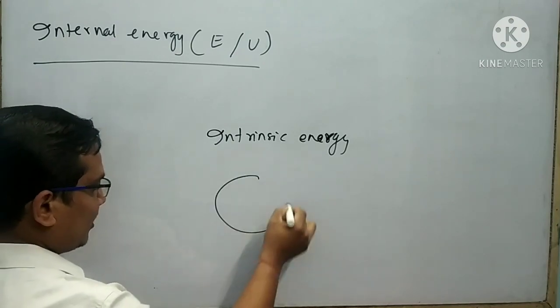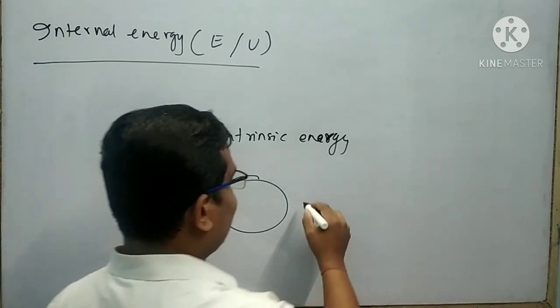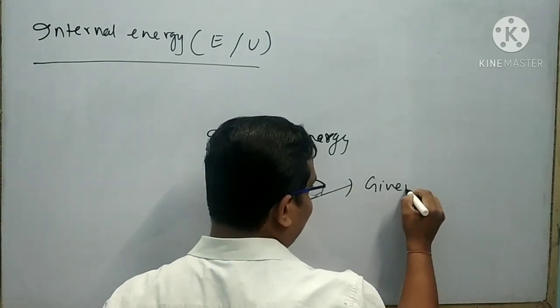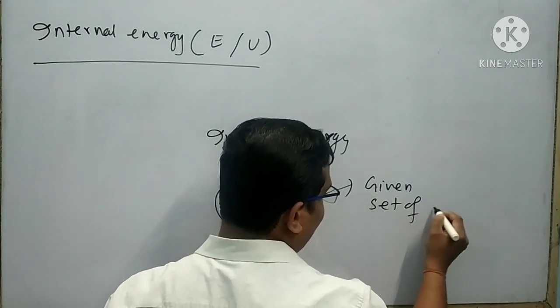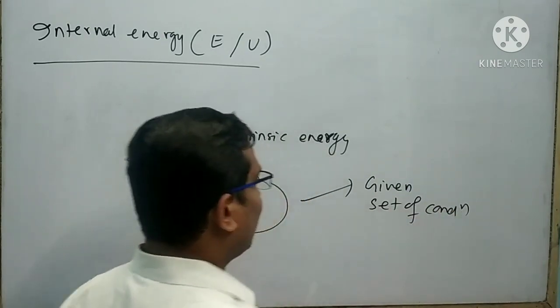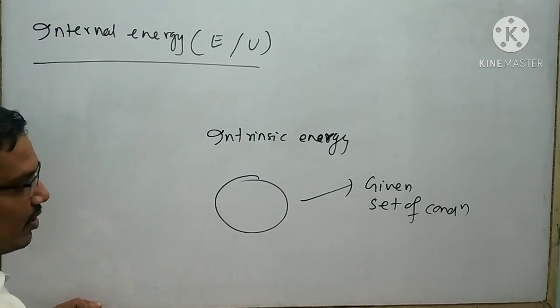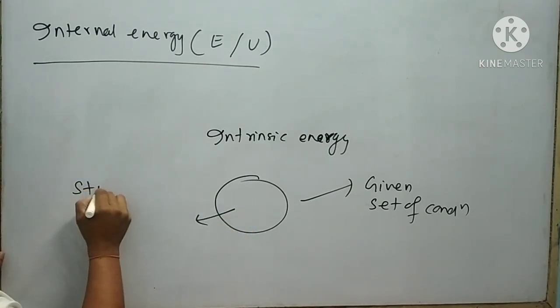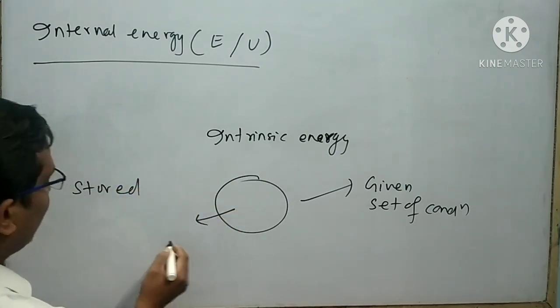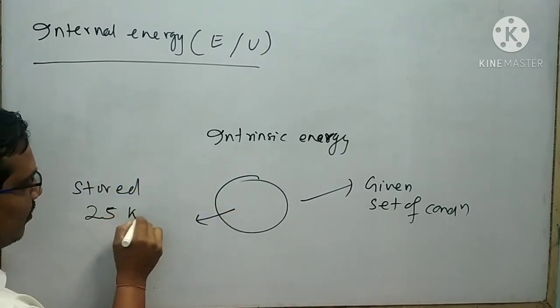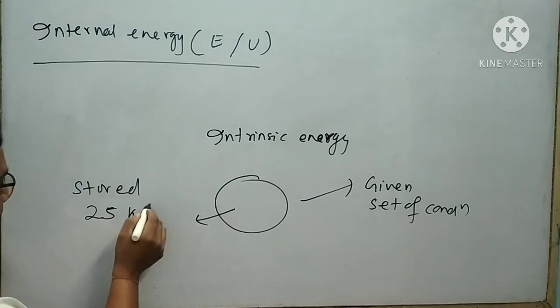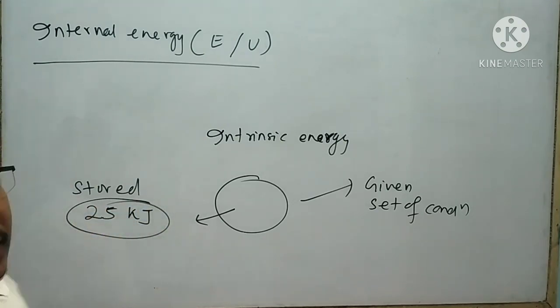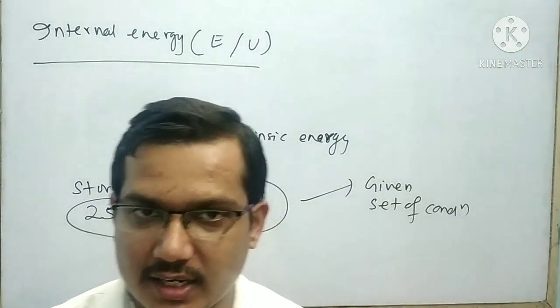Suppose a system is present in a given set of conditions. In that given set of conditions, suppose the amount of energy stored in the system is 25 kilojoule. Then this amount of energy is called internal energy.